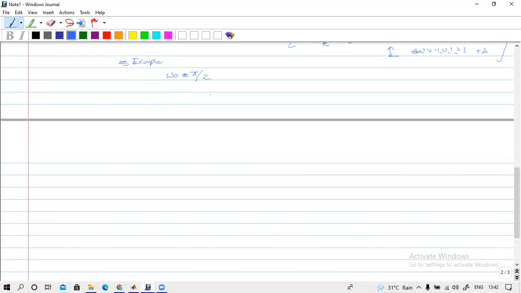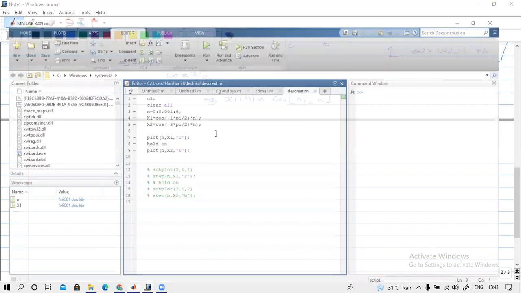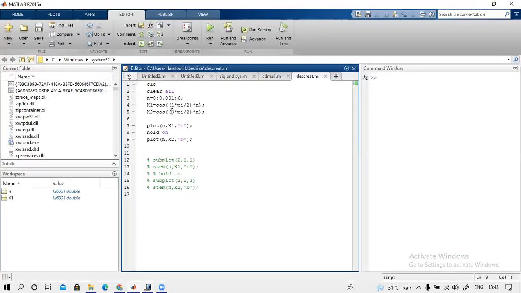If we draw this signal, I will take it as x1[n], which is cos of 5 by 2 n. I will write this signal in MATLAB, it is easy.